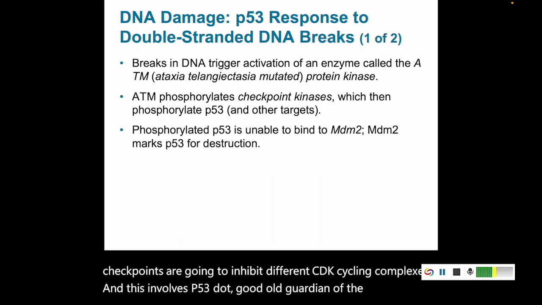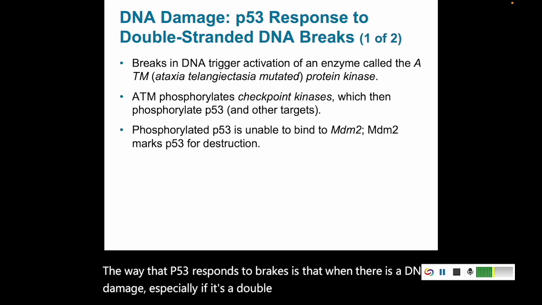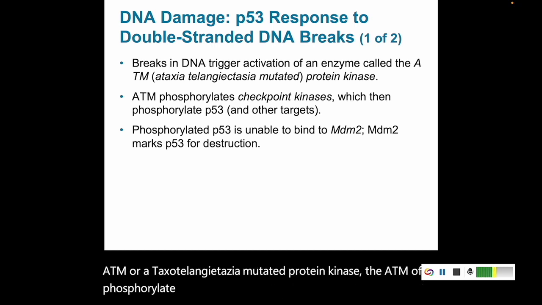The way that P53 responds to breaks is that when there is DNA damage, especially if it's a double-stranded break, it activates the ATM, or ataxia telangiectasia mutated protein kinase. The ATM will phosphorylate checkpoint kinases, and checkpoint kinases phosphorylate P53.